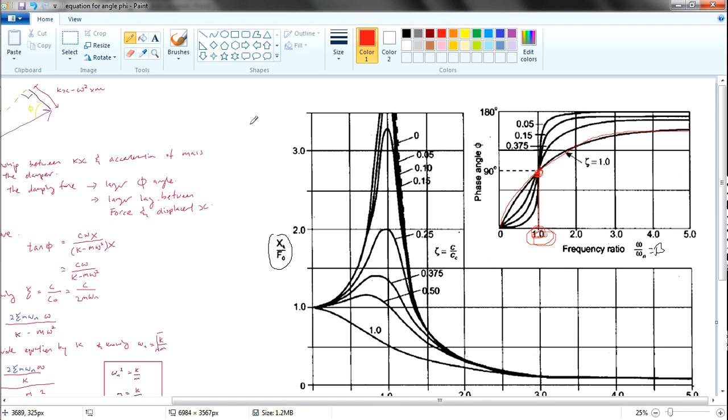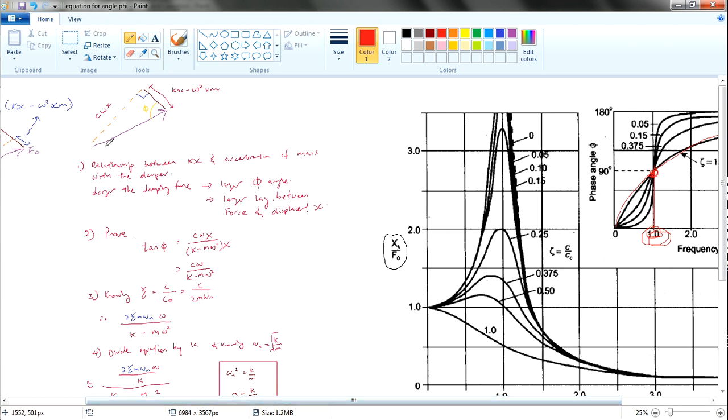So if your phase angle equals 90 degrees, that means, how do I say, okay, hold on, that means your damping factor is equal to the forcing function.